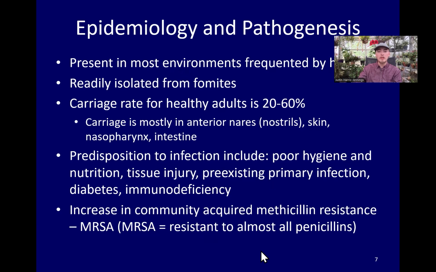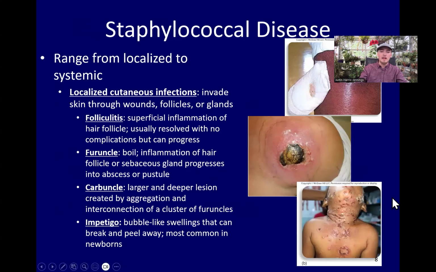One of the most notable ones is methicillin-resistant Staphylococcus aureus, or MRSA, which is a really strong antibiotic-resistant form of Staph aureus, and it is a major concern in nosocomial infections, where you get an infection from a hospital setting.